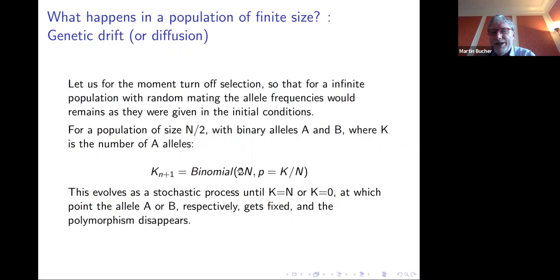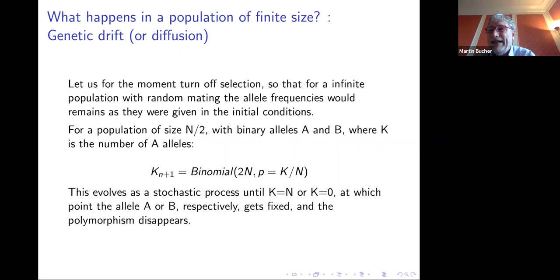Let's see, this should have been n. I sort of changed my mind where to put the 2. So if you want to figure out the number of alleles in the next generation, you have to draw from the binomial distribution. So we can do that, and then we get a random walk.